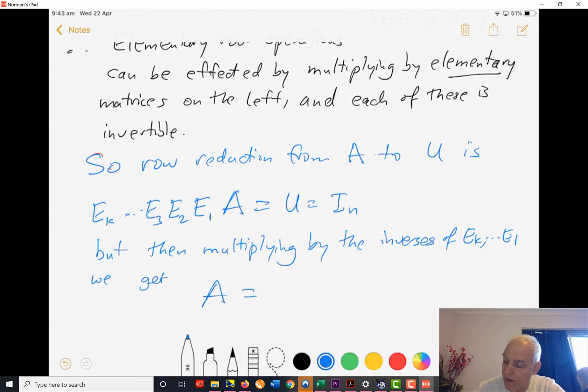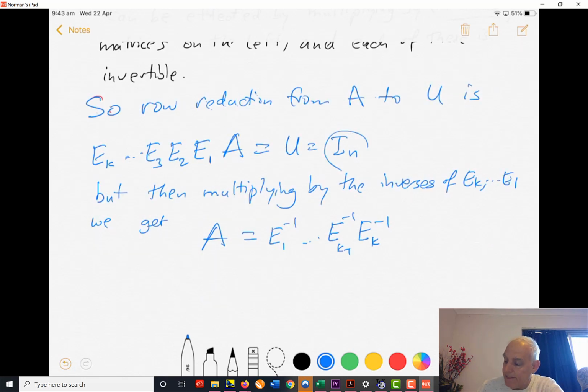I'll put it over on this side. And then we multiply by the next one, EK minus 1 inverse, all the way down to E1 inverse. And it's this expression that allows us to deduce that A is invertible.